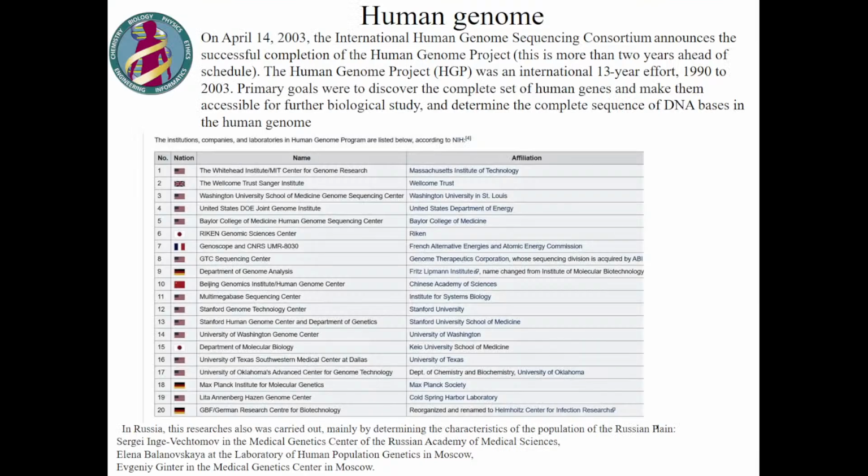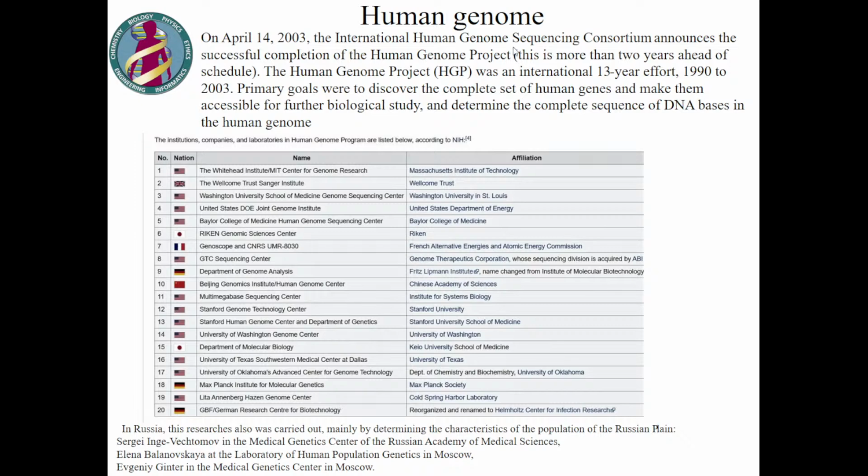But we know the total number of genes and the localization of each gene, because in the beginning of the century the problem of determination of the human genome was successfully resolved.